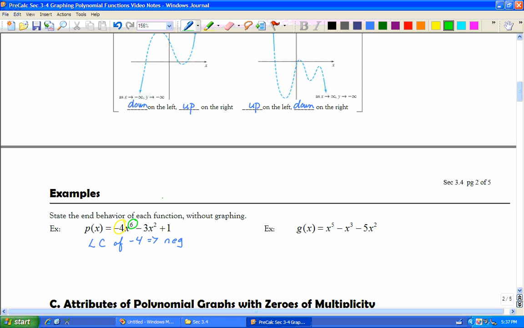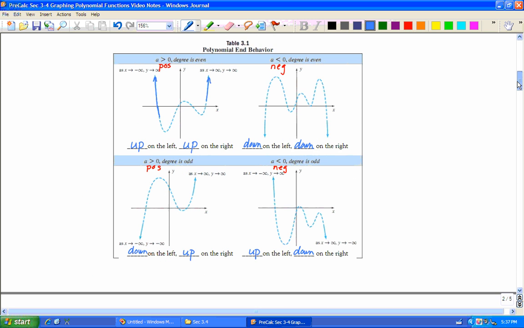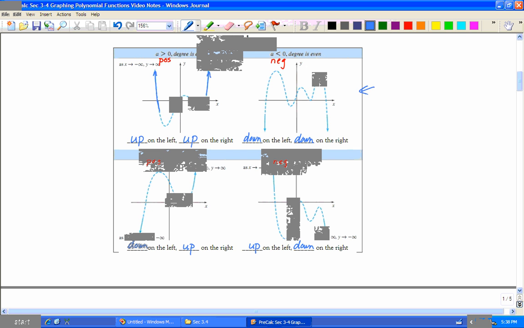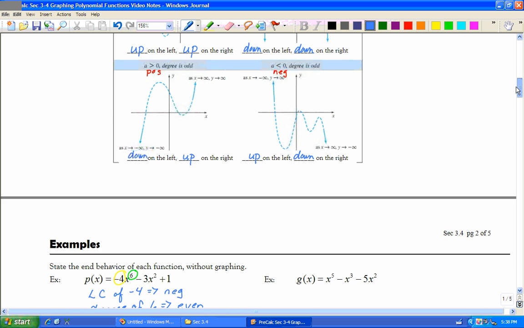Well, our degree is 6. And 6 is an even number. So if you look back at what we have, if we have a negative leading coefficient and an even degree, that's the case that we have right here. So that means our end behavior is down on the left and down on the right.